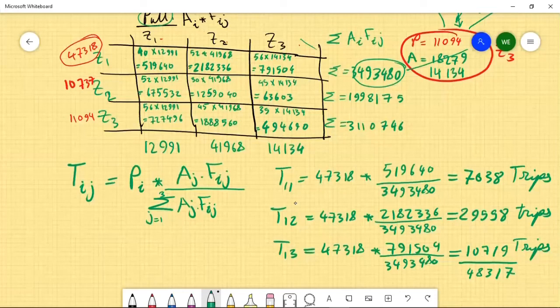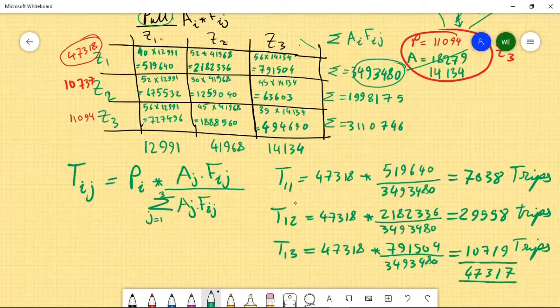Correct? No, 7 here. 47. So we are correct.